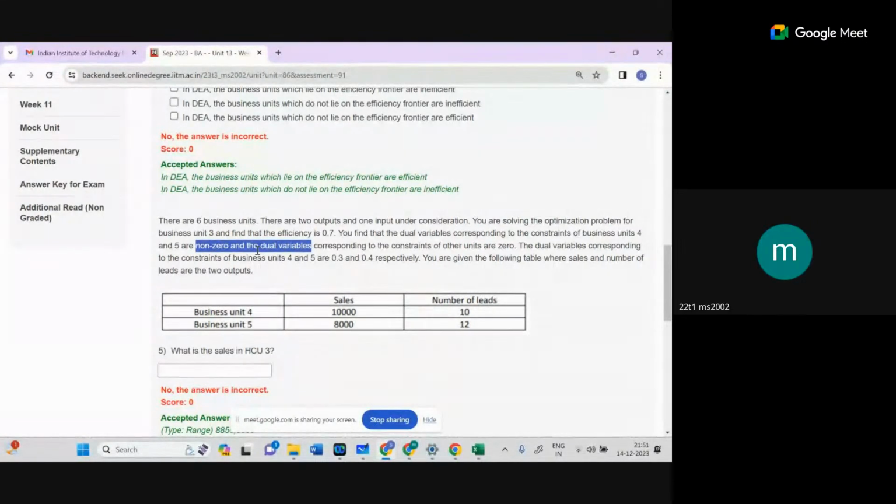The other business units, 2, 1, maybe 6, all have zero dual values. Only units 4 and 5 have a non-zero dual value. So you normalize the denominator and then multiply it with the sales of business units 4 and 5, and you get the answer.